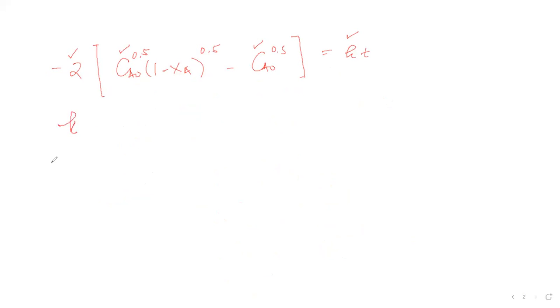So I will have k, this CA0, if it's factored out, so that would be over here. So I will place here CA0. And this -2 will also be divided by in here. So this would be -2. So my group of constants would be k over CA0 raised to 0.5 times -2.